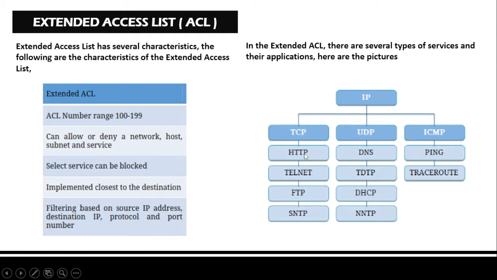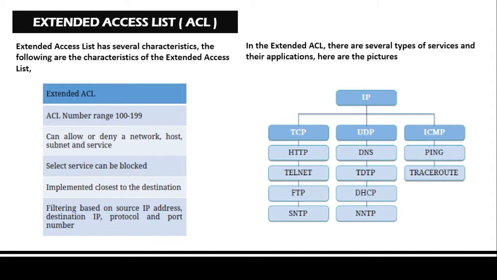TCP includes HTTP, Telnet, FTP, and SMTP. UDP includes DNS, TFTP, DHCP, and NNTP. And for the last, ICMP includes ping and traceroute.